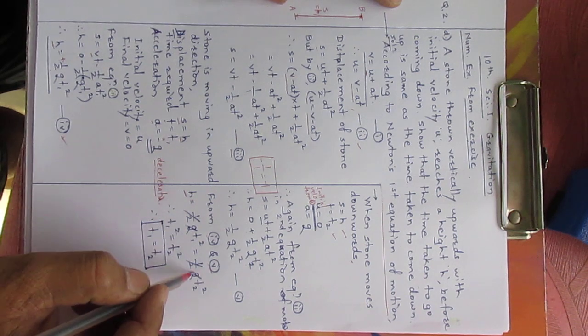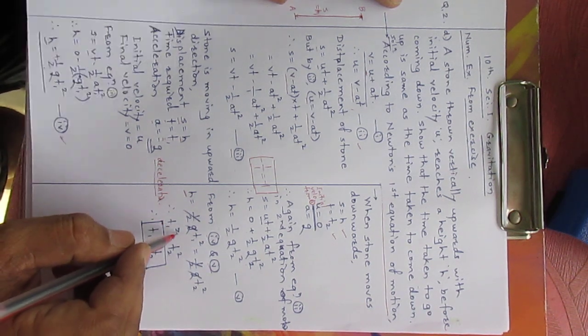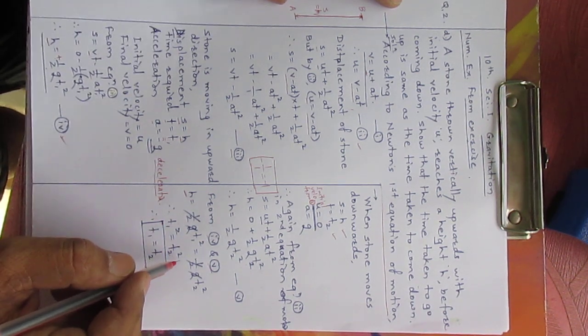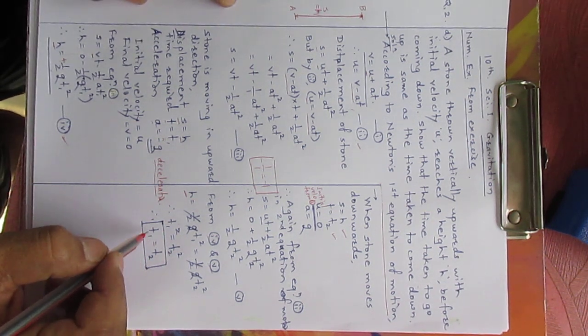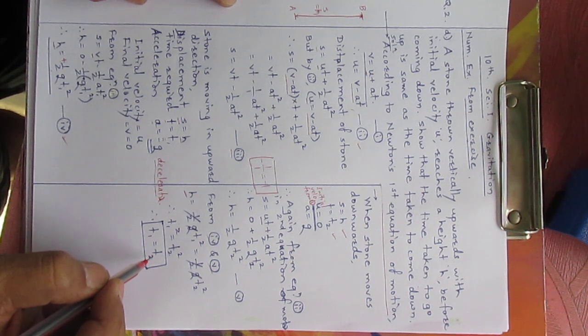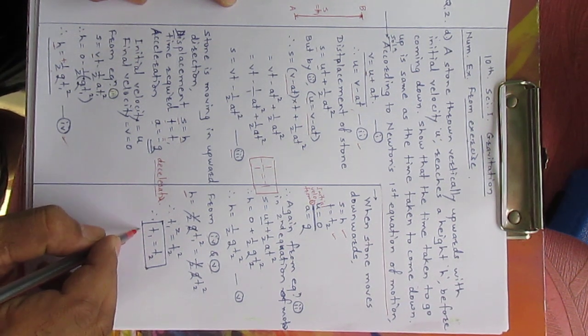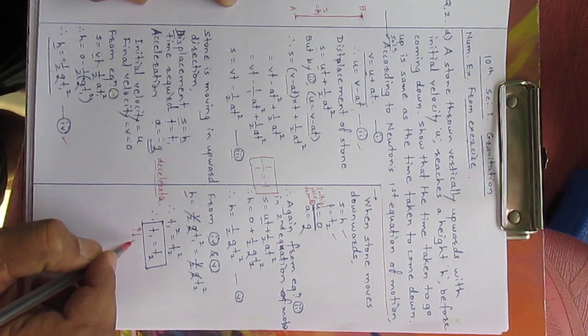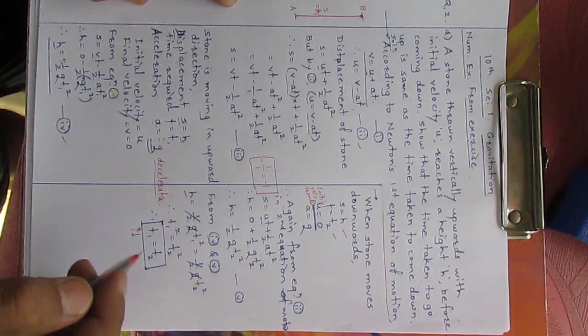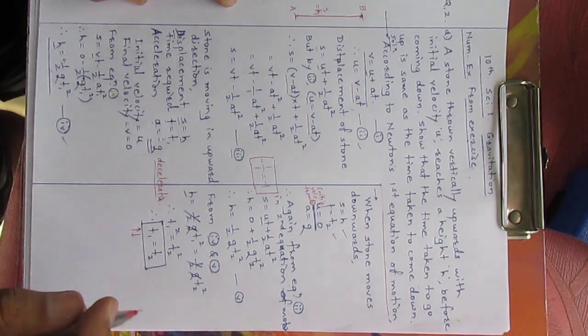By cancelling all the other values, we will get t1 raised to 2 is equal to t2 raised to 2. Taking the square roots on both sides, we will get t1 is equal to t2. That means the time to go in the upward direction is the same as the time taken by the object to come down. Thank you.